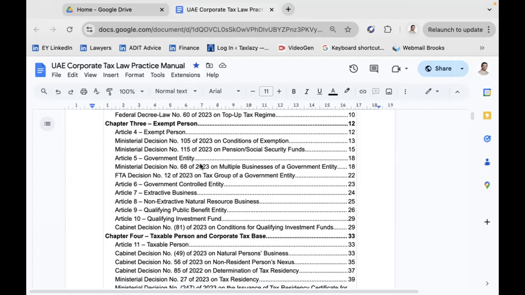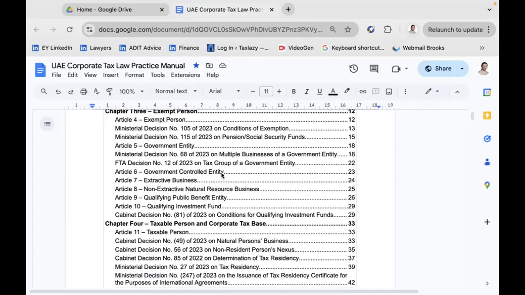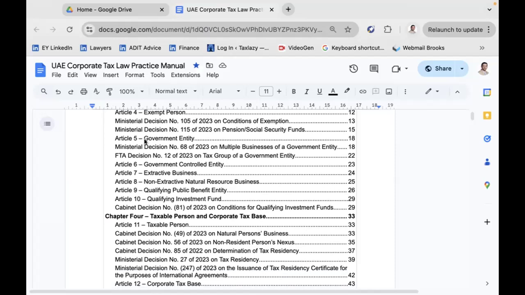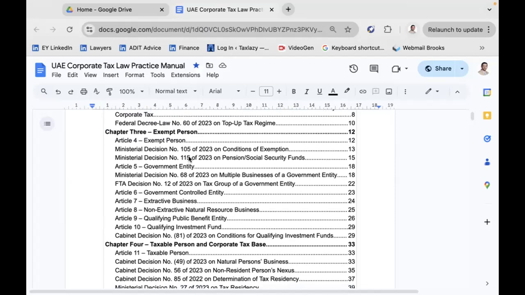When we start doing an impact assessment for corporate tax, the first stage is person level impact assessment. We look at the type of person first. We don't directly jump into the profit and loss account or income levels. First, look at the person. If that person has a specific exemption, we conclude.